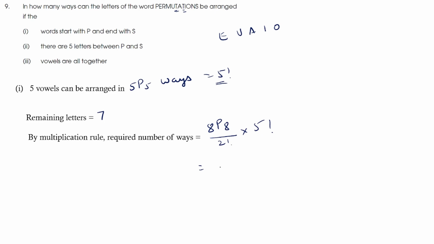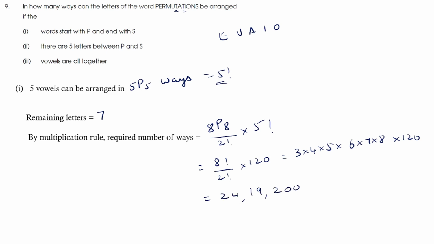So this is 8 factorial upon 2 factorial into 5 factorial, which is 120. So it is 2 factorial and 2 will go. So we have 3 into 4 into 5 into 6 into 7 into 8 into 120. Now when we simplify, we get 24,19,200.